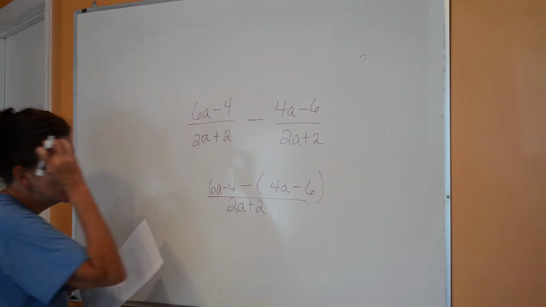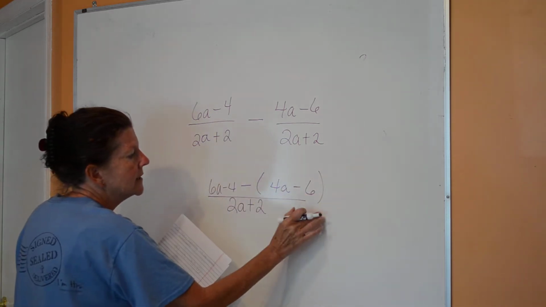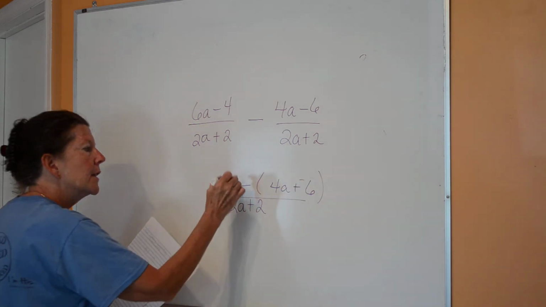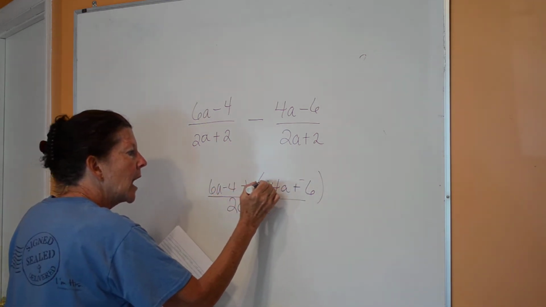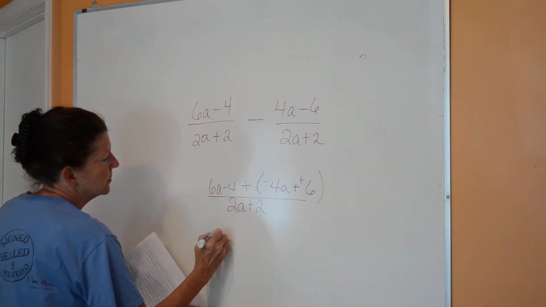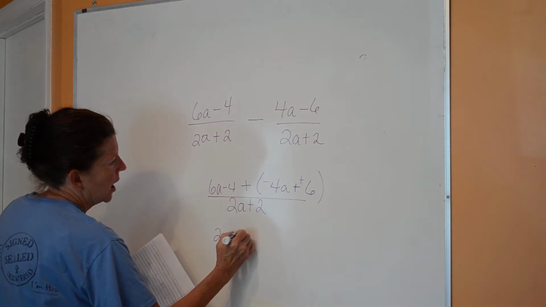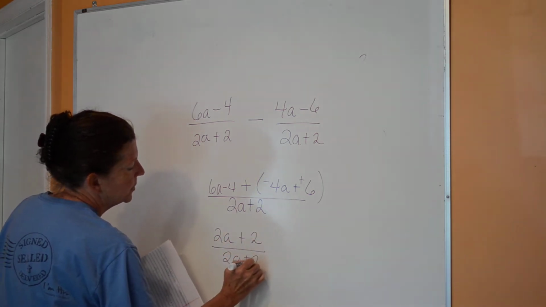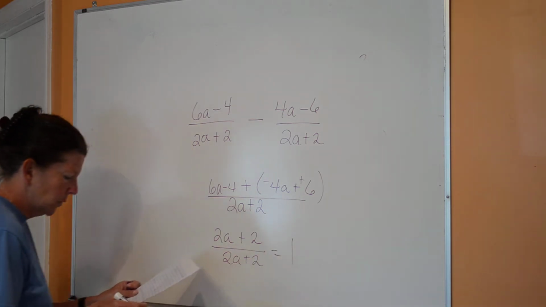Now the easiest way to do this is to do the subtraction inside the parentheses first. So I'm going to add the opposite of the second number there. Then I'm going to come back here and add the opposite of each number in the parentheses. Then I'll combine like terms. So that gives me 2a plus 2 over 2a plus 2. And again, that's equal to 1.